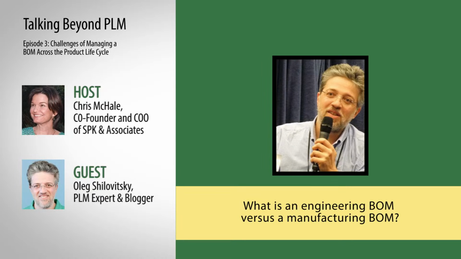We talked last time about different domains like mechanical, electric, electronic, software. You can think about all of them together. They combine into the engineering bill of material, and they might also include some elements that are not necessarily present in the design system, but all together they represent the engineering bill of material for the product.